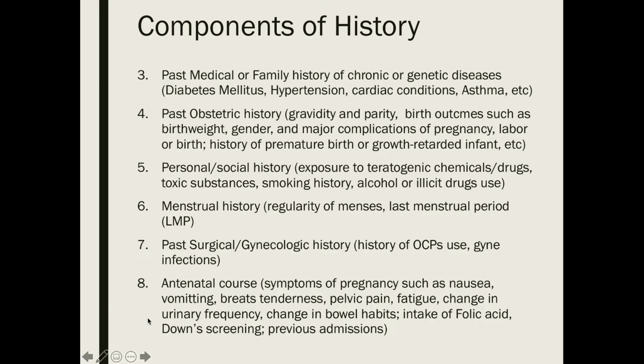And of course, ask her also about her antenatal course, such as symptoms of pregnancy like nausea, vomiting, breast tenderness, pelvic pain, fatigue, change in urinary frequency, change in bowel habits. Also ask her if she has been taking folic acid, if there is already some lab test for screening, and other previous admissions during her pregnancy.